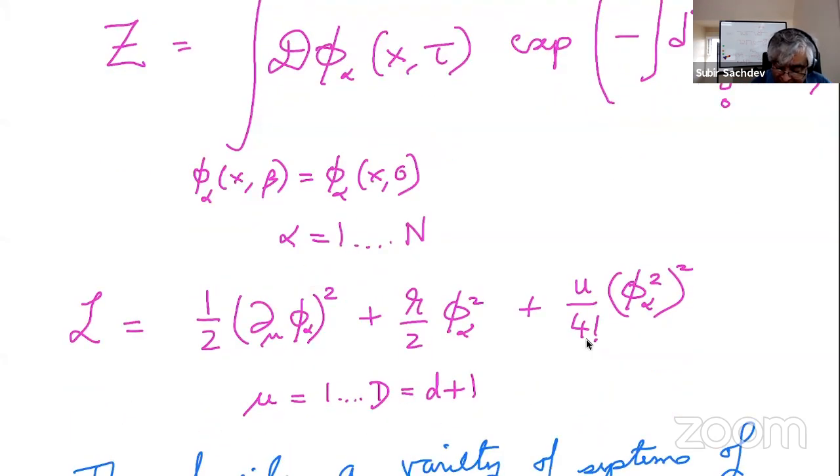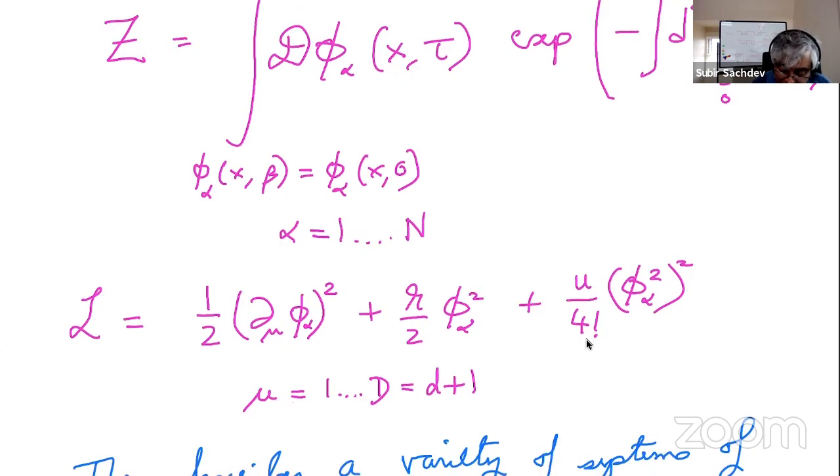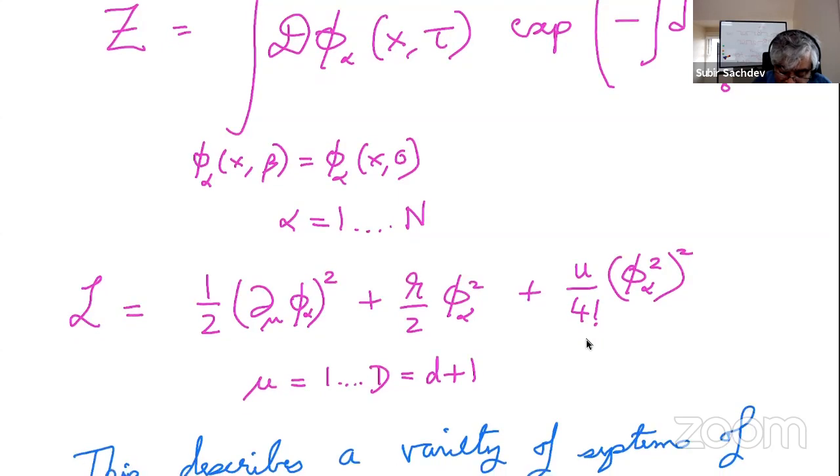Of course, there's the polynomial, and it's conventional to put this factor of 4 factorial here when dealing with phi-fourth field theory. We didn't have it for the complex case. And mu here goes from 1 to capital D, and I'll always use capital D to represent d plus 1. So capital D is the space-time dimension, and d is the space dimension, at least when we're dealing with a quantum system.